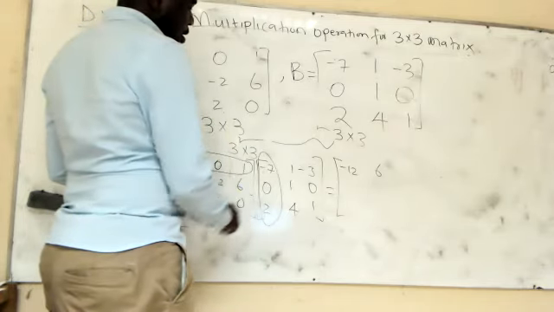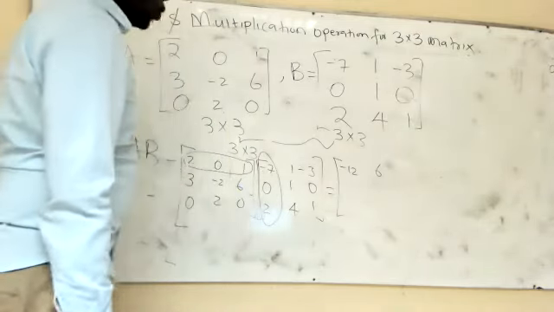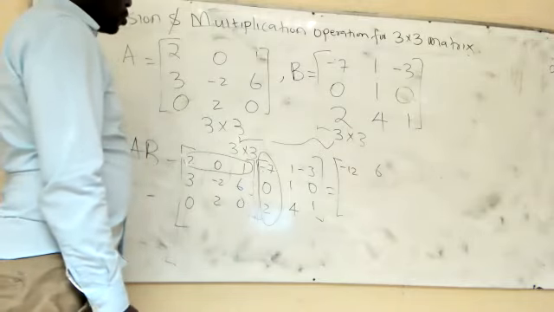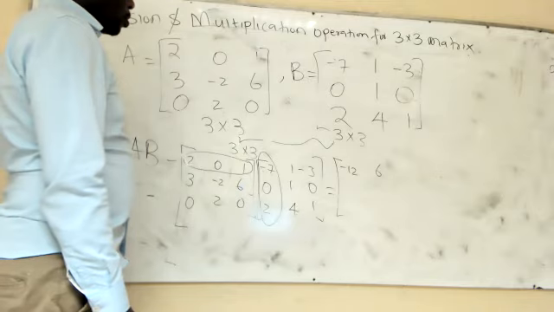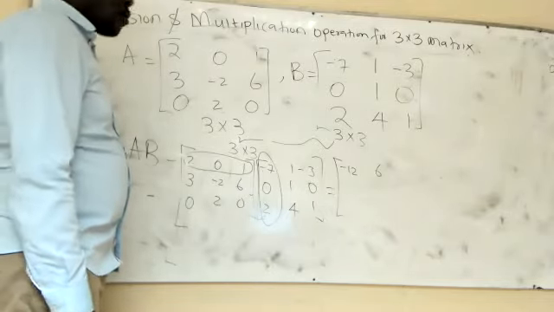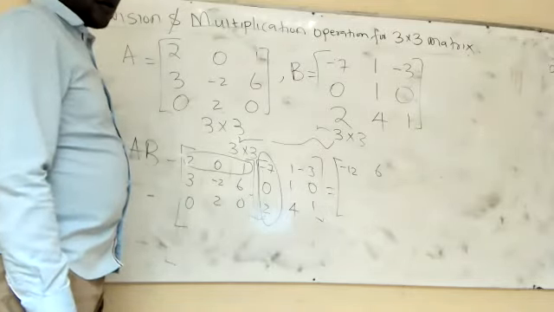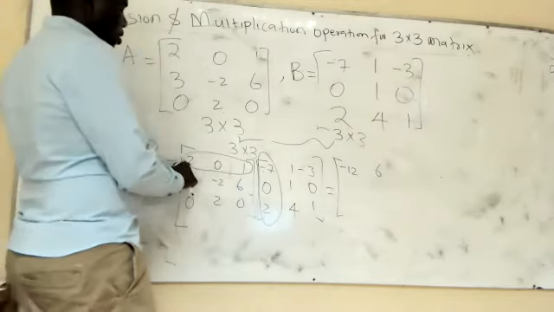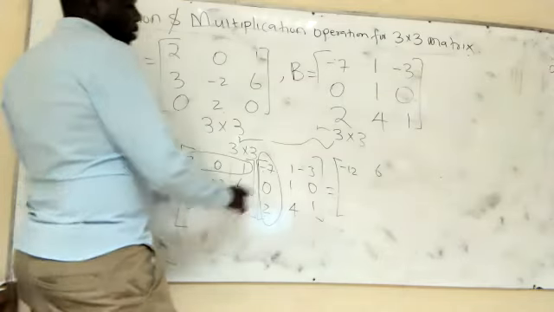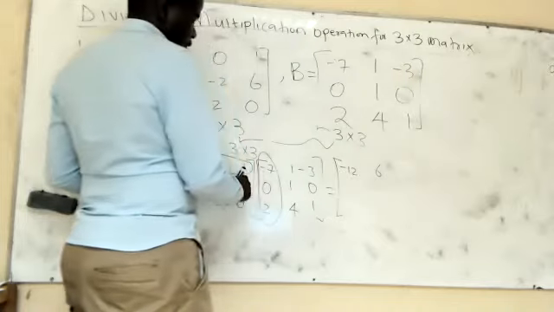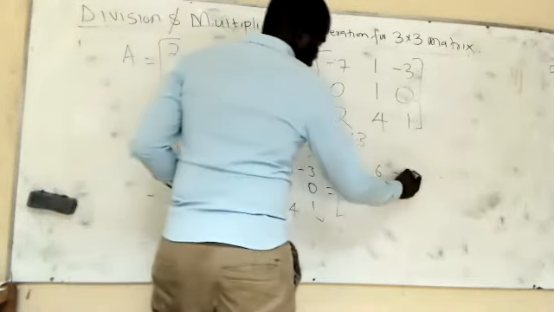Let me write them for you. You will see how we're getting there. So it's 2 multiplied by negative 3, which is negative 6, plus 1, which is negative 5.